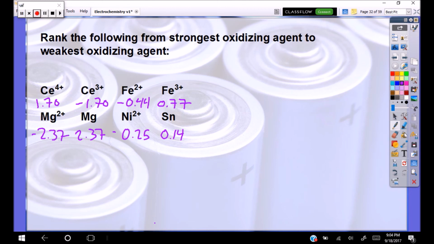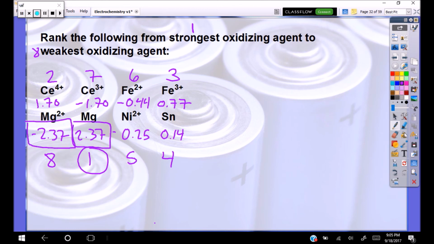So if I had to rank 1 being the strongest and 8 being the weakest, it would end up in this order: 2, 7, 6, 3, and then here would be 8, 1, 5, 4. This one is the strongest because it's the largest and most positive. This one is the weakest because it is largest and most negative. And then we rank in order from there.